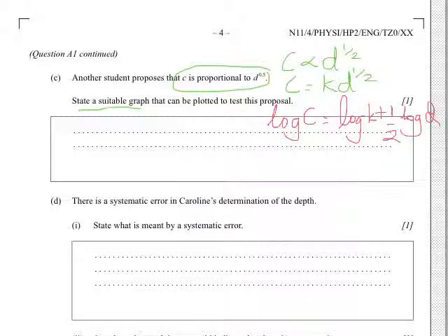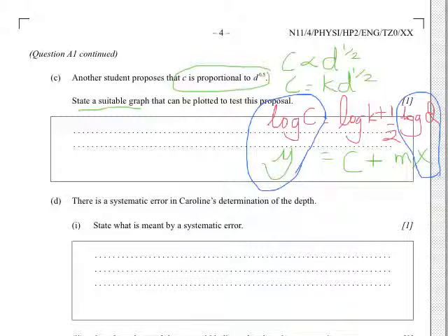Now if we consider the line of best fit, y equals mx plus c. So how do we plot our graph? We need to put log c on the y-axis and log d on the x-axis.